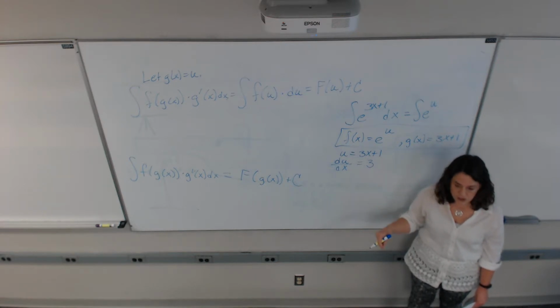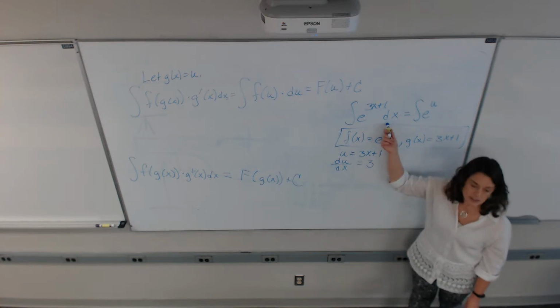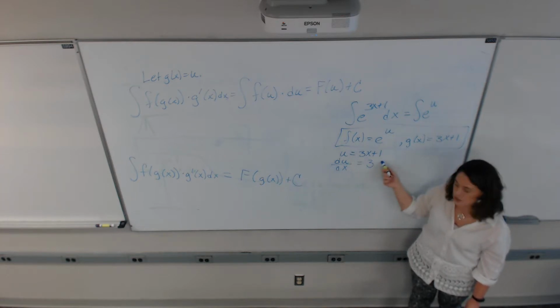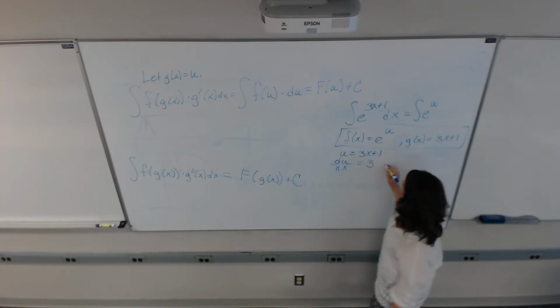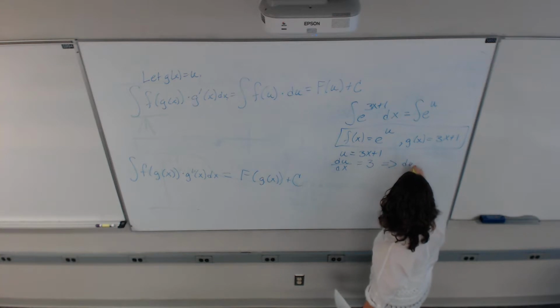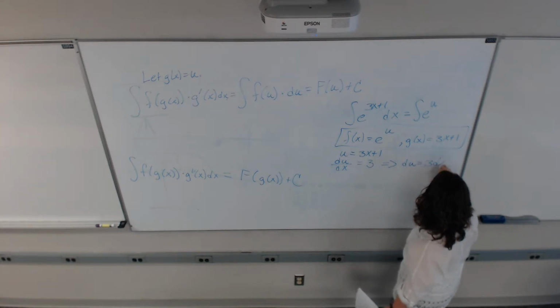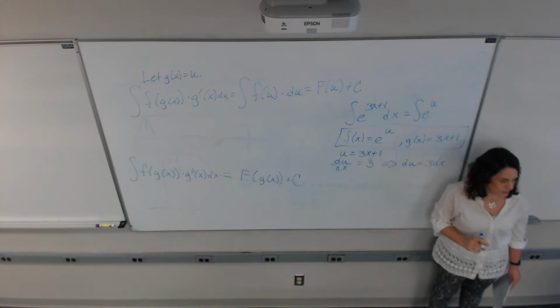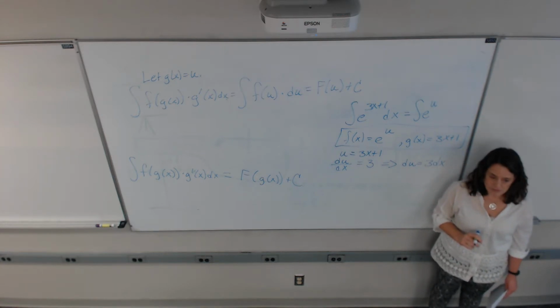What differential is going to go with u? du. What do I currently have? dx. Let's abuse the notation. I'm going to move the dx over here to the right side. So I get du equals 3 dx. Do you have a 3 times dx in that problem?